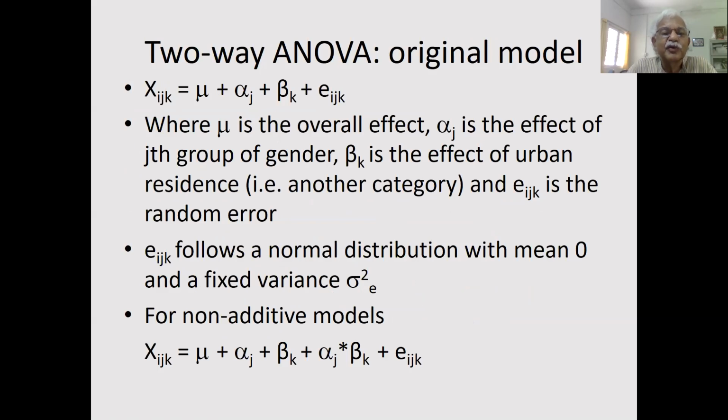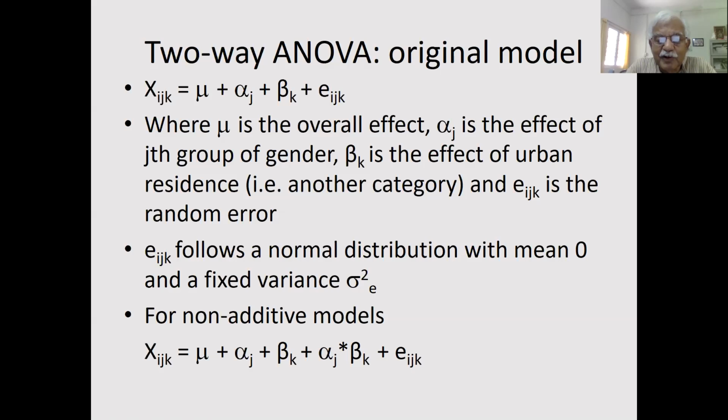Xijk equal to mu plus alpha j plus beta k plus Eijk, where mu is the overall effect, alpha j is the effect of jth group of gender, beta k is the effect of urban residents, and Eijk is the random error. This is the example of additive model.